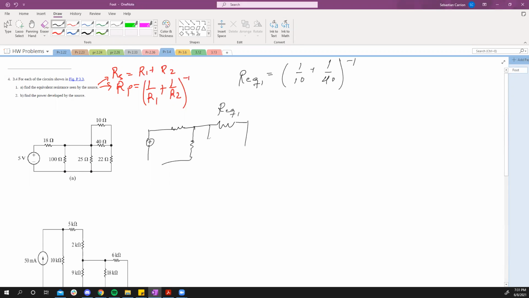So 5 over 40, which is 40 over 5, 8, I believe.